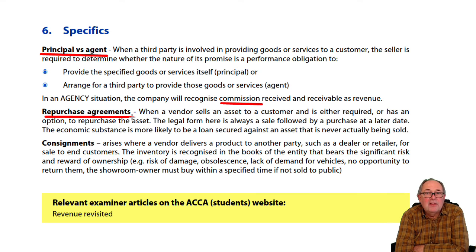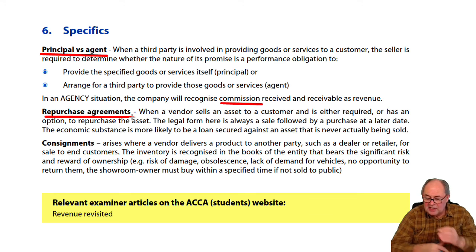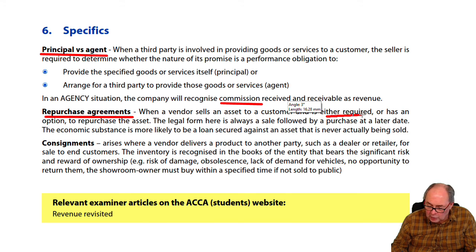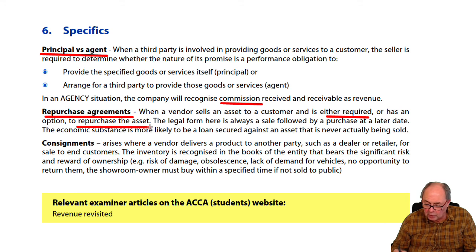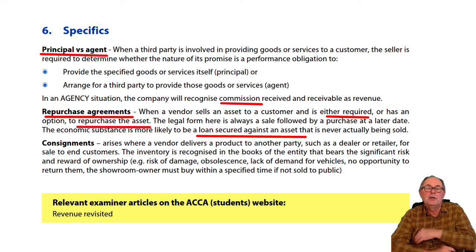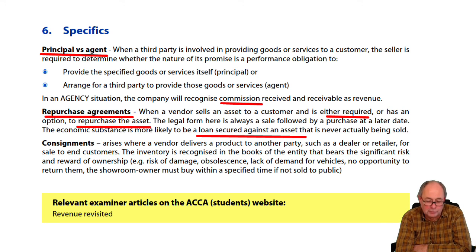If they sell their fish fingers to HSBC and then buy them back again, it's not because the bank staff like fish fingers, it's a loan secured on inventory. So in some circumstances, if you are required to repurchase what you've so-called sold, then the commercial substance is that it's a loan secured on inventory, not revenue.